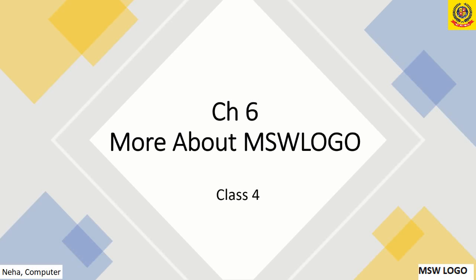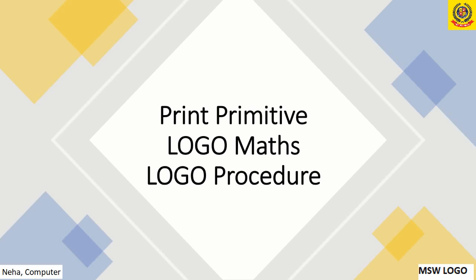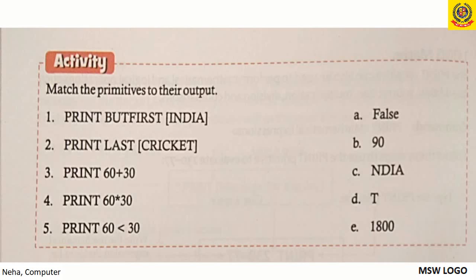Chapter 6, more about MSW Logo. Today we have learned print primitive, Logo maths and Logo procedure. Now let's do the activity. Match the primitives to their output. First one is print first, India.